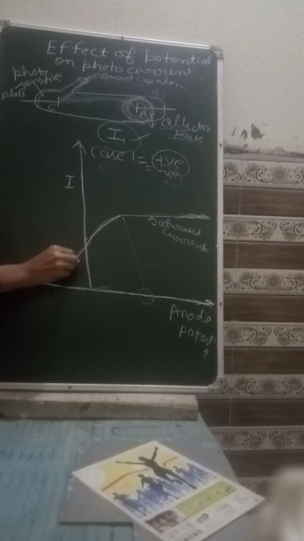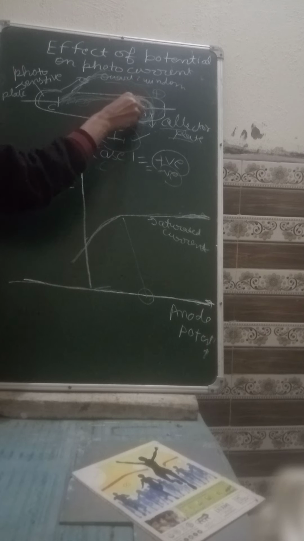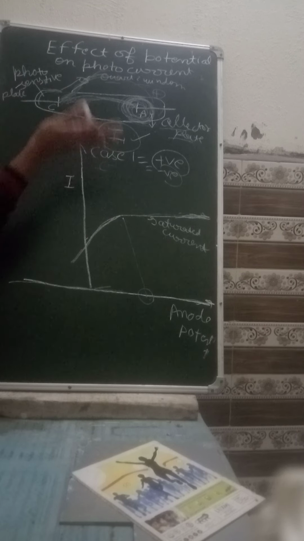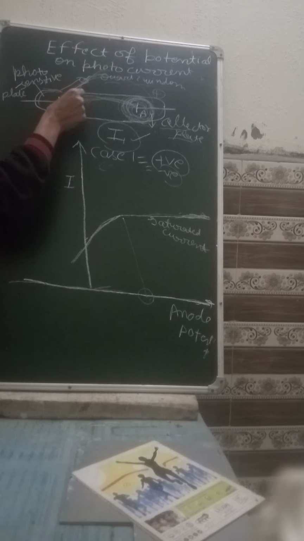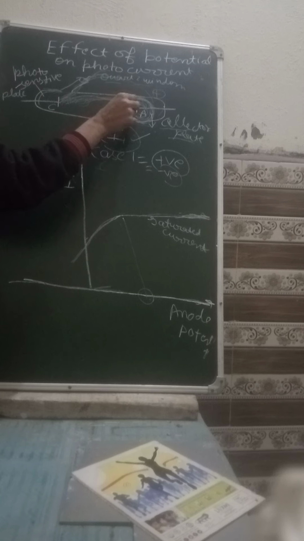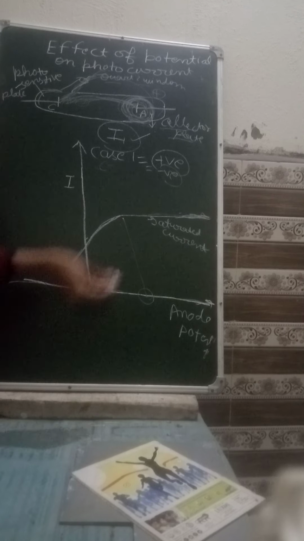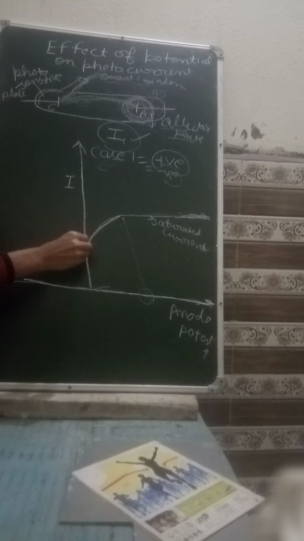Now the electrons reaching this plate get repelled and start moving back towards photosensitive plate C. But not all electrons will reach plate C. Only the more energetic electrons, those having maximum energy, come back to plate C. That's why the current will decrease compared to when the anode potential was increasing.